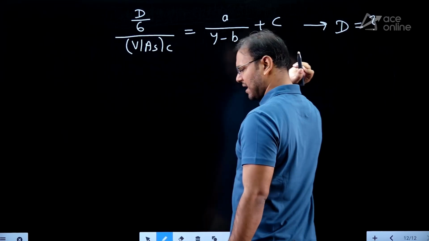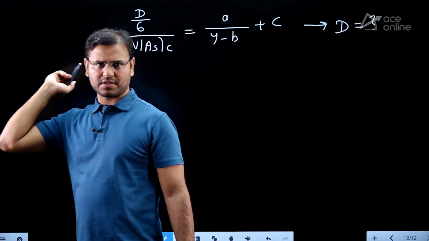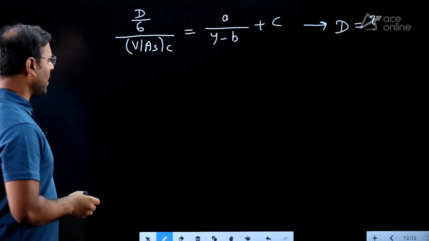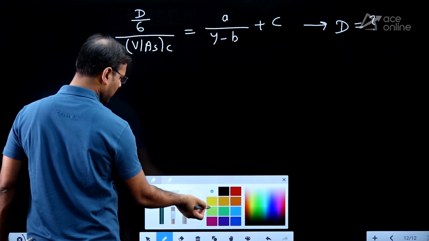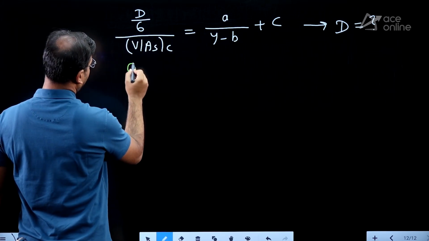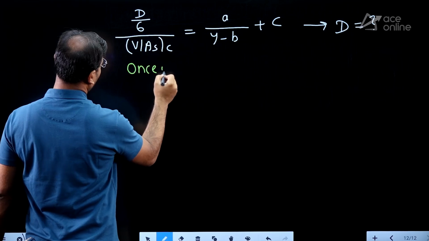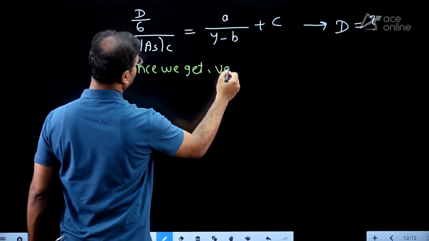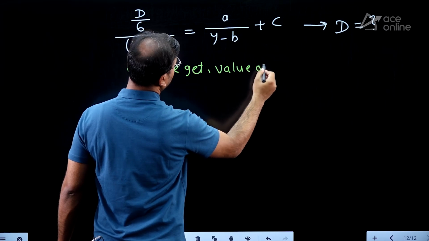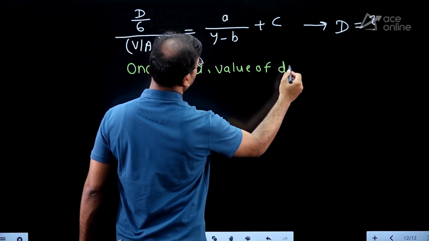But once we get the value of diameter, we also have to calculate the value of H. How can we?